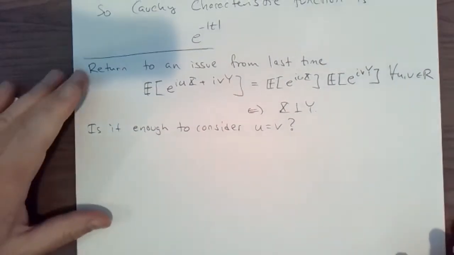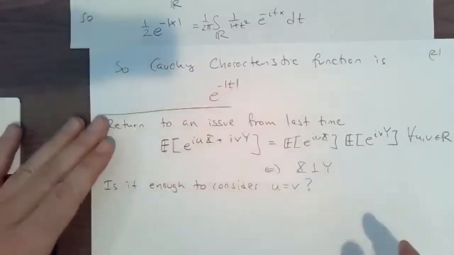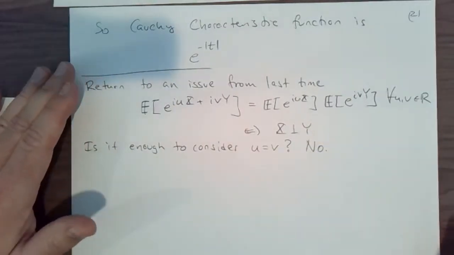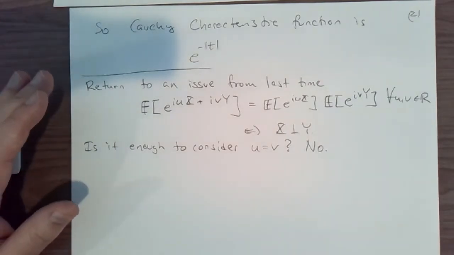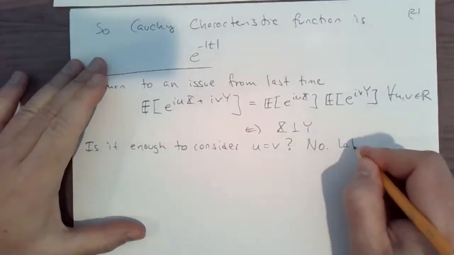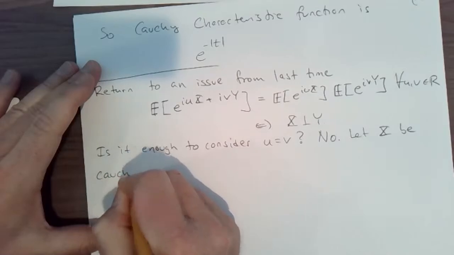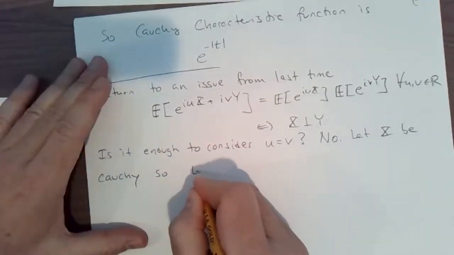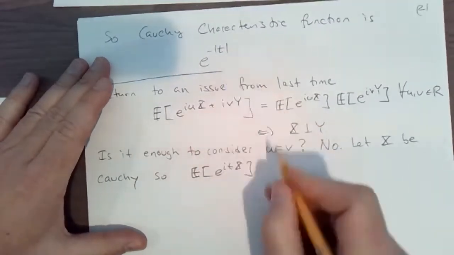Now that we have the characteristic function for the Cauchy, we can answer this and say no. The way we do it is, let X be Cauchy. So the characteristic function of X is exactly that one up there.